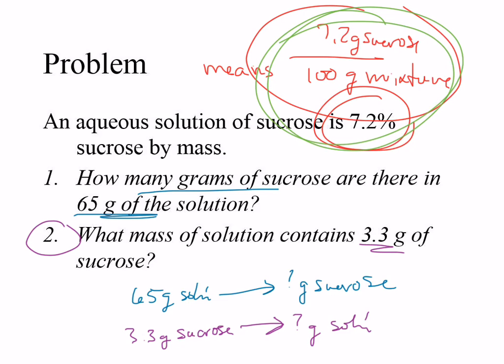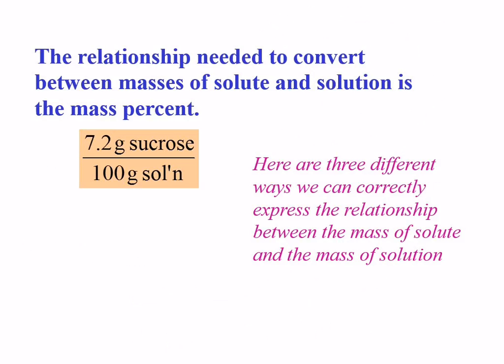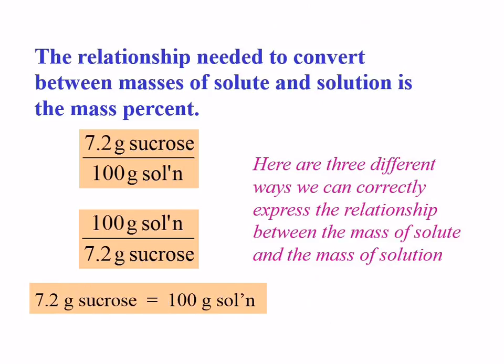So here we go. That physical property of that sugar solution, that sucrose solution, when it said 7.2%, you have to unpack that to use it in your problem. So like I said, what does that mean?